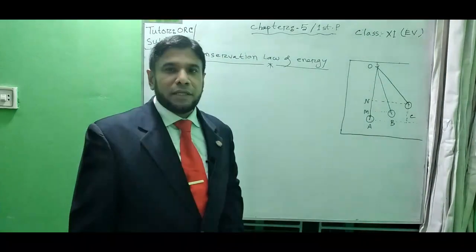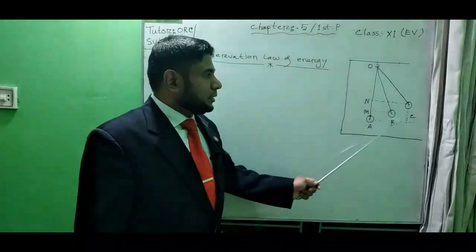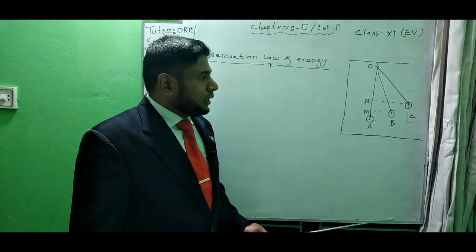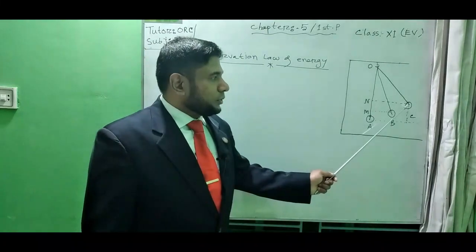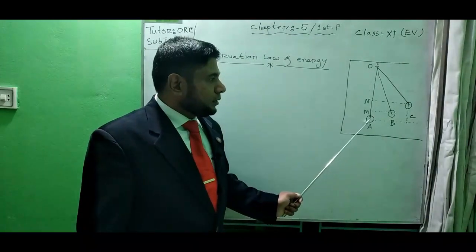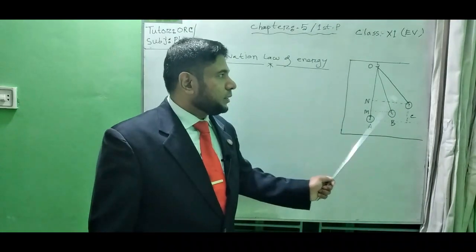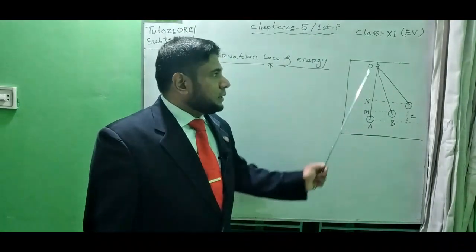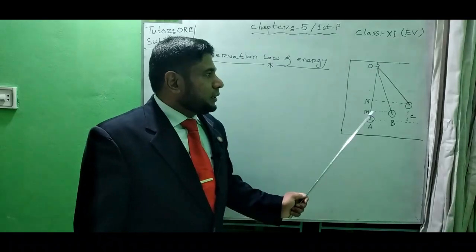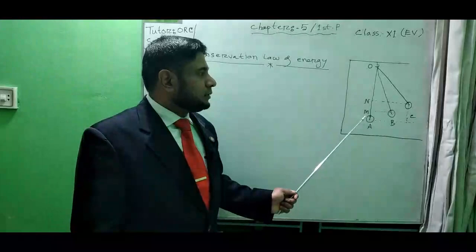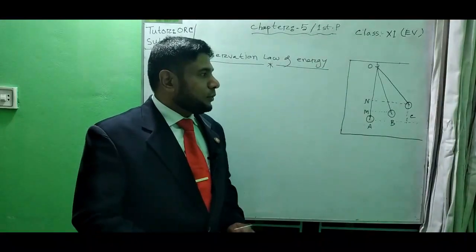When the object stays at position C, the vertical displacement will be AN. We have drawn a normal from C on OA. Here OA is the effective length of the simple pendulum.